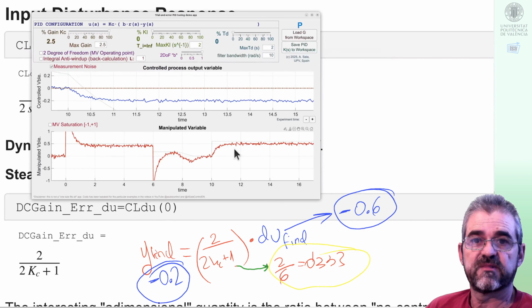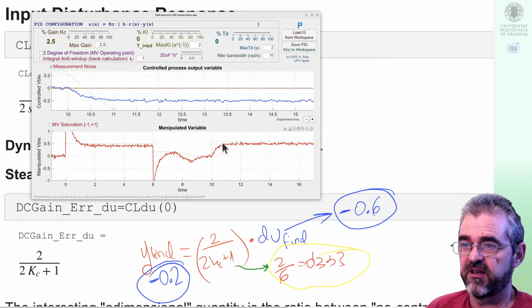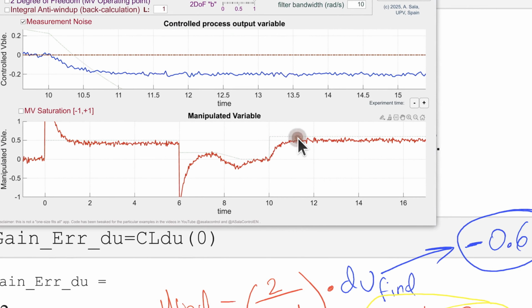And indeed, I said that we were God, and in dashed green here I am plotting the manipulated variable increment that I should ideally input with an ideal control if it were measurable, and it is, of course, plus 0.6 to counteract this disturbance.